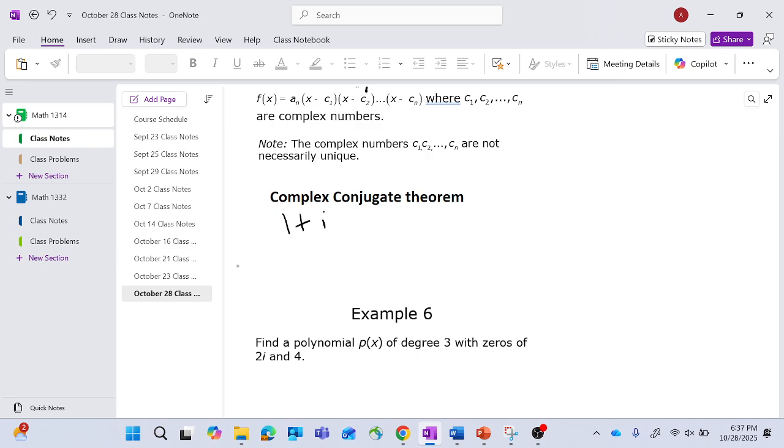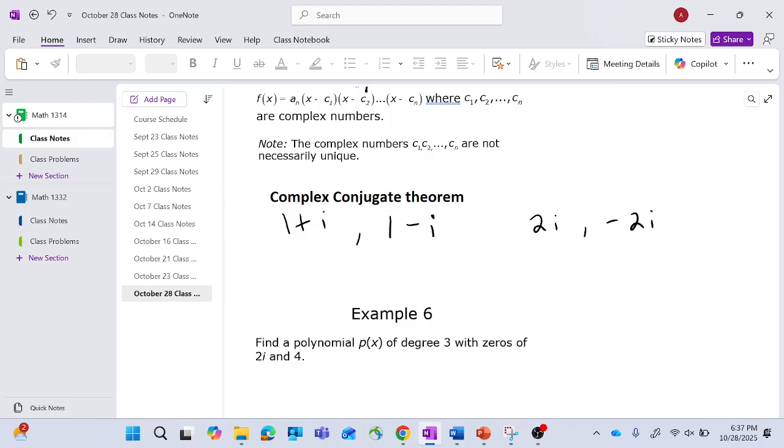If I'm telling you this is a zero, well, that tells you 1 minus i also needs to be a zero. Complex numbers come in pairs. So if 1 plus i is a solution, 1 minus i is a solution. If 2i is a solution, negative 2i is a solution.